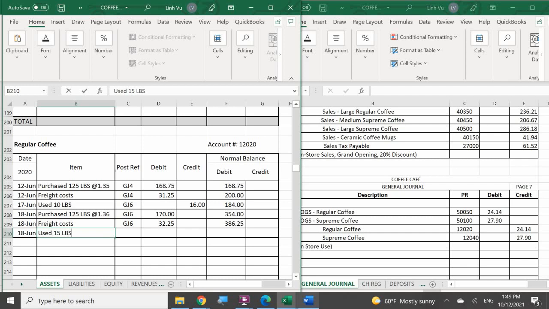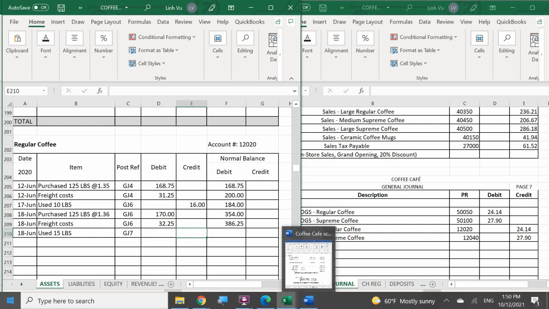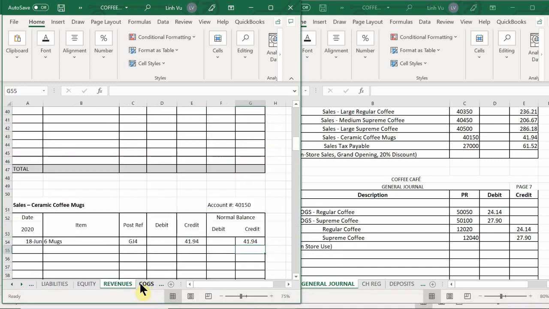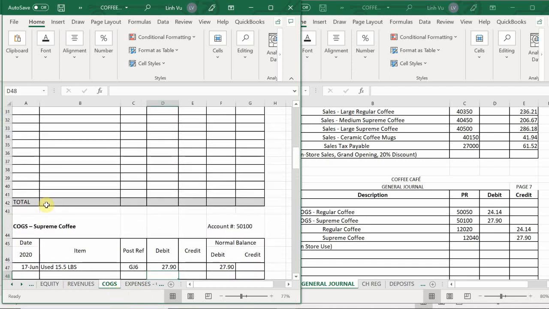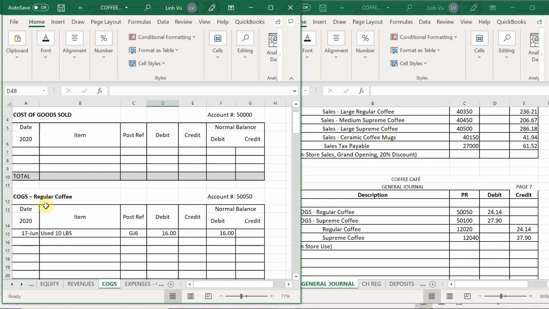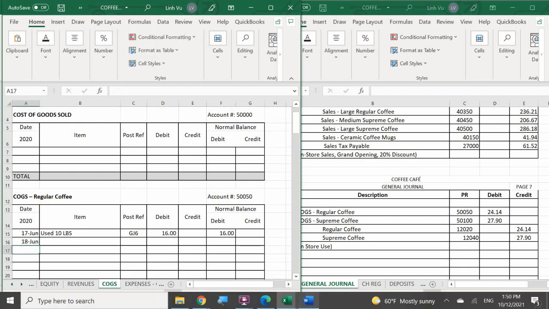Not plus. We're not adding here. That's the regular coffee. I don't think that we are on the cost of goods sold. But that's a regular coffee. Is a cost of goods sold of regular coffee. Oh, I see what you're doing. Okay, so I'm sorry. Yeah, you're right. We're going to go to cost of goods sold first. Okay, so cost of goods sold for a regular coffee.